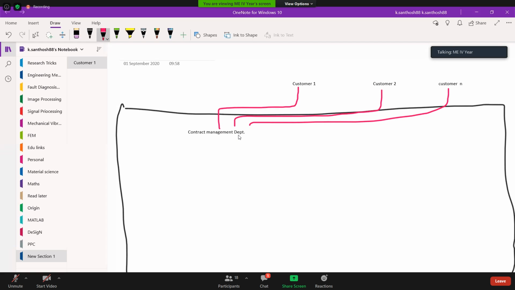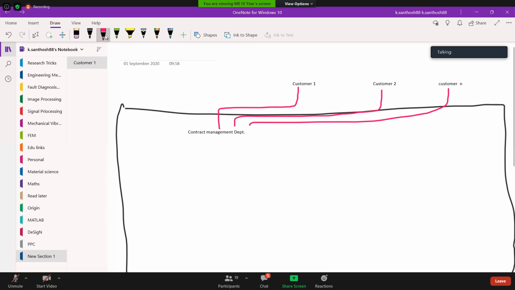If it is a manufacturing company like our core mechanical, they should be from mechanical, and they should have a little knowledge of finance. Related to production, they need to know everything, and they must have good management skills. So this is the contract management department.